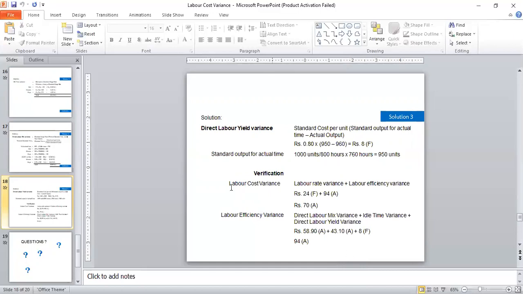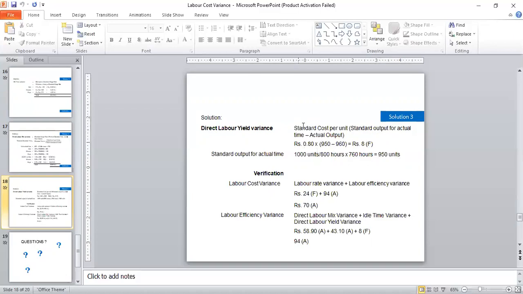First, we have to calculate the standard output for actual time, means 1000 units divided by 800 hours into 760 hours equal to 950 units.